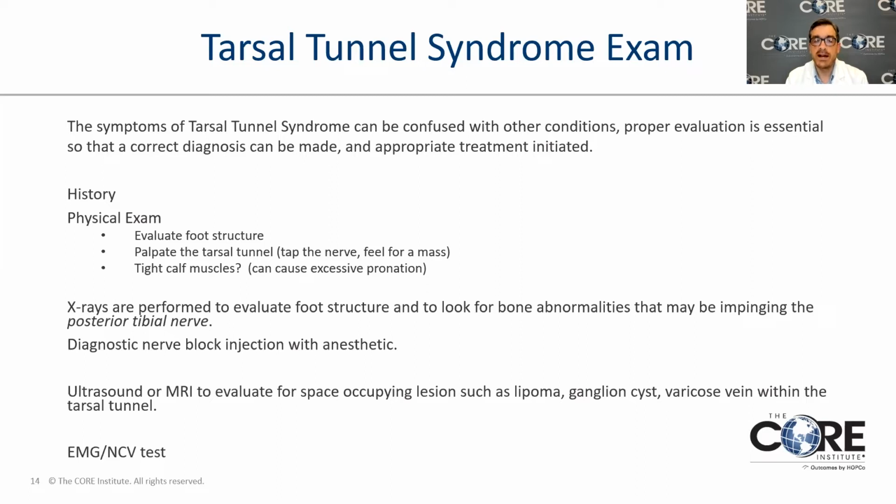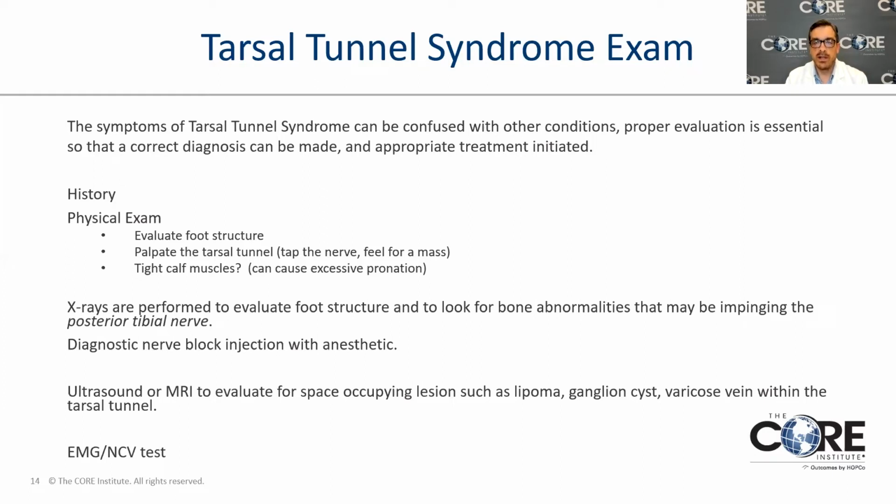The physical exam. The first thing that the foot specialist will do is evaluate your foot structure, because depending on a person's foot structure, that can dictate the way that it's treated. Typically, the area of the tarsal tunnel will be palpated. We'll press the area, and what we're checking for is a mass or a lump in the area of the tarsal tunnel.